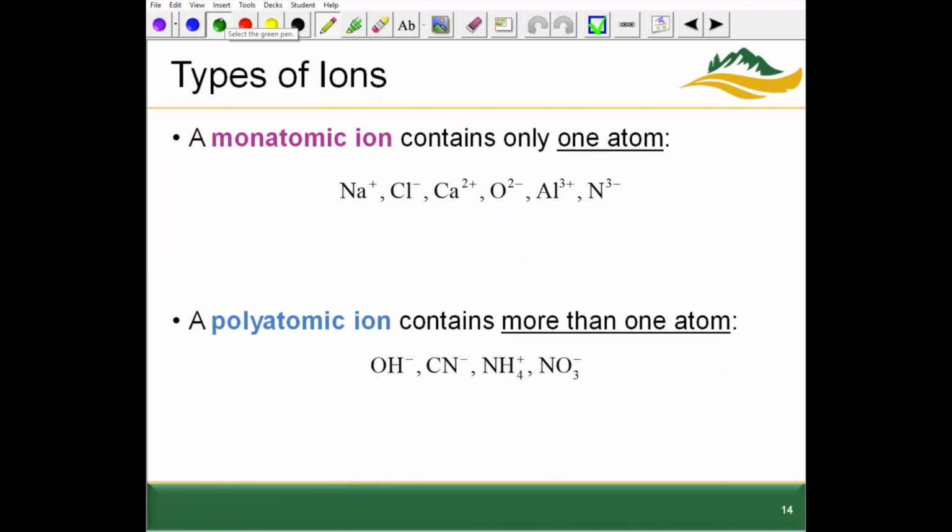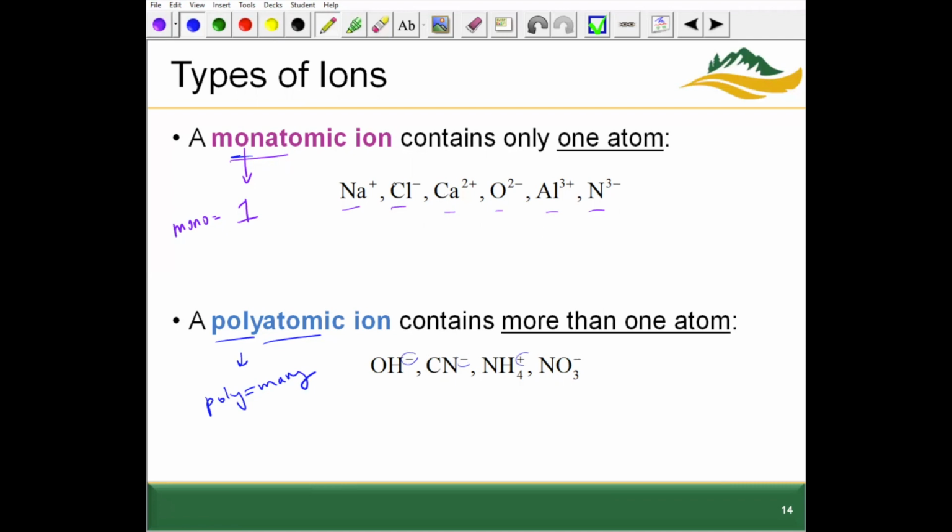Something important we'll get into as well, more with naming, is the difference between a monatomic and polyatomic ion. Mono meaning one, just to keep consistent with the colors. Poly meaning many. So from the name here, a monatomic ion is an ion that just has one atom. Then as you can see here, a polyatomic ion is an ion, meaning it has an overall charge, right?